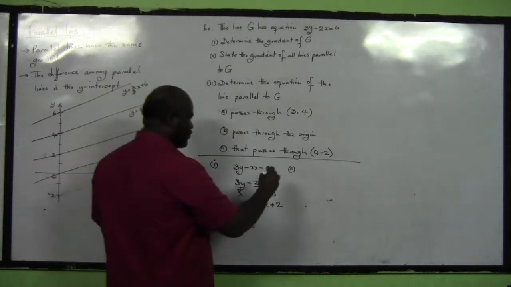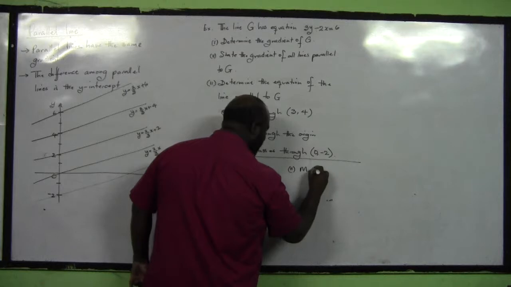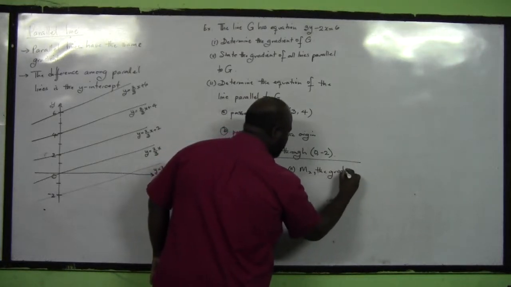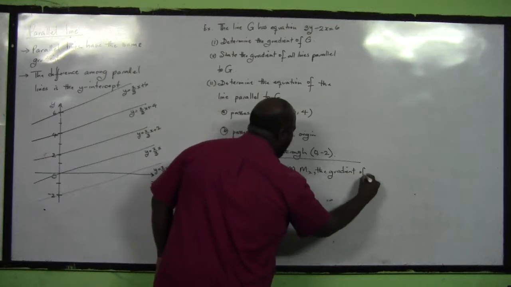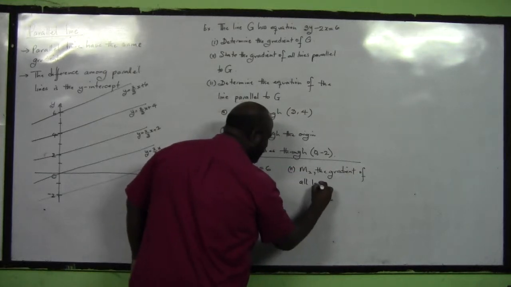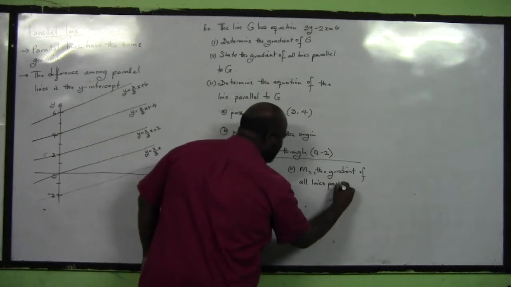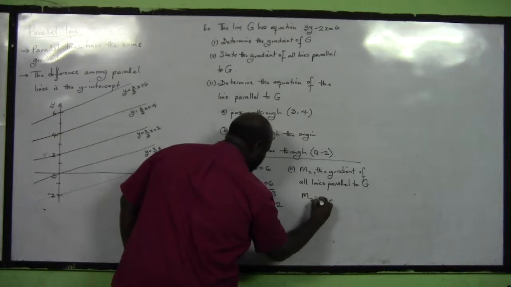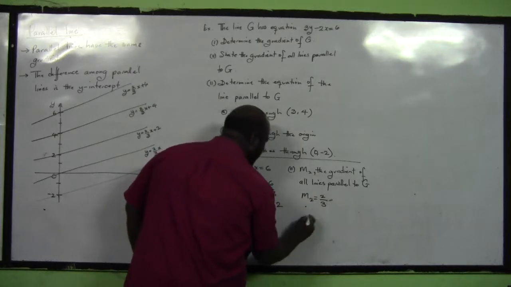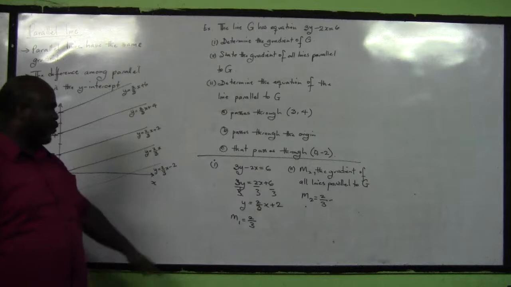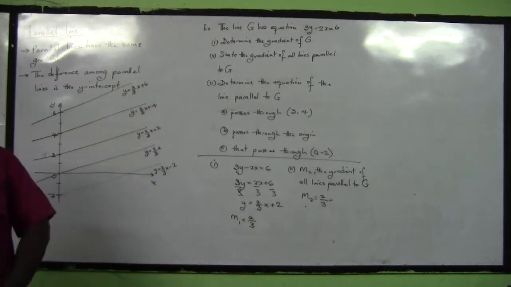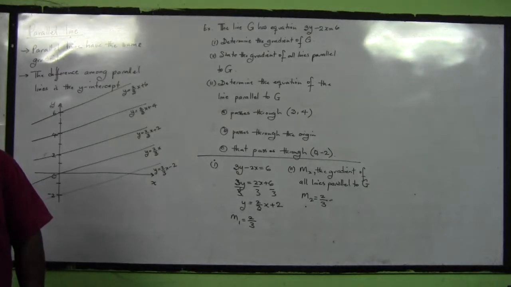So m2, the gradient of all lines parallel to G, m2 is equal to 2/3. Alright, why again is this gradient 2/3? Because all parallel lines have the same gradient.